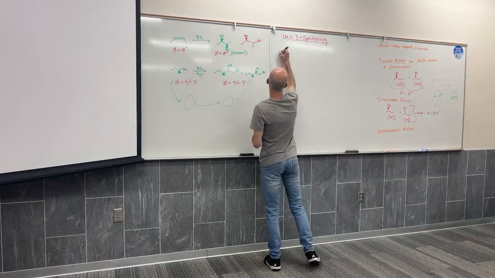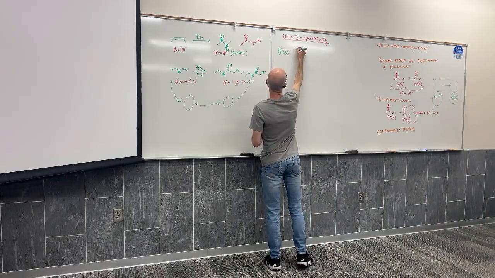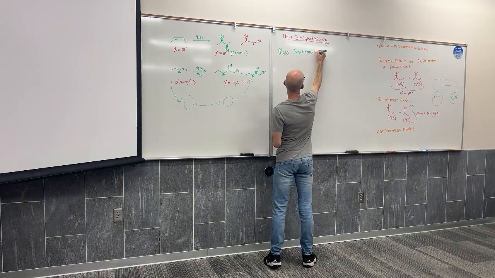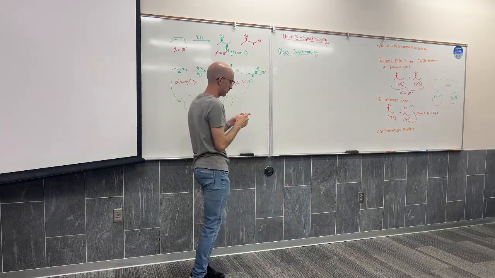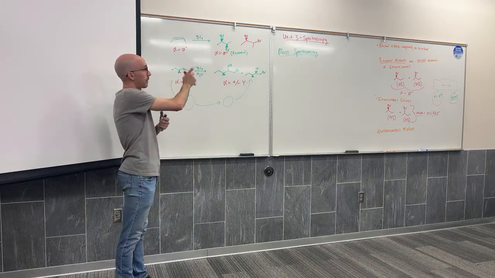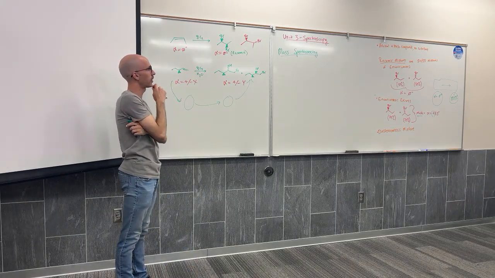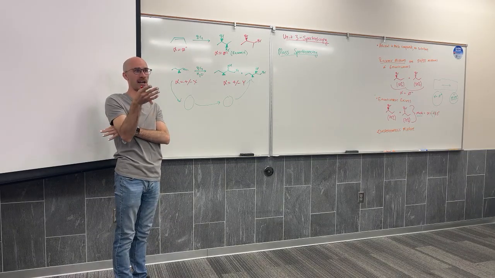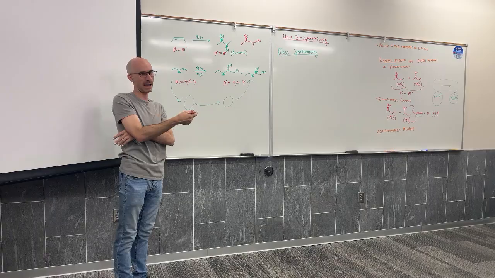First, let's do an overview of our three types of instrumentation. In this word, again, you hear spectrum from that spectro part, and you hear metry, so that's measurement. This is measuring a spectrum of mass.